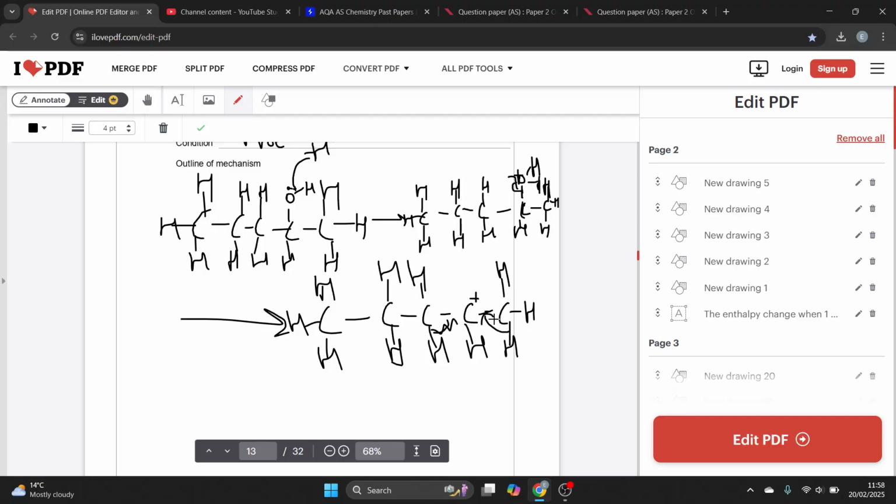And then you form pent-1-ene. So let me check them. CH3, CH2, CH2, CH, CH3, OH, oxygen lone pair of electrons bonds to H plus, perfect. Then CH3, CH2, CH2, CH, OH2 plus, oxygen positive, the middle of the C-O goes to the oxygen. Then you've got CH3, CH2, CH2, CH positive carbocation, CH2, and the H leaves. Now it forms a double bond there.